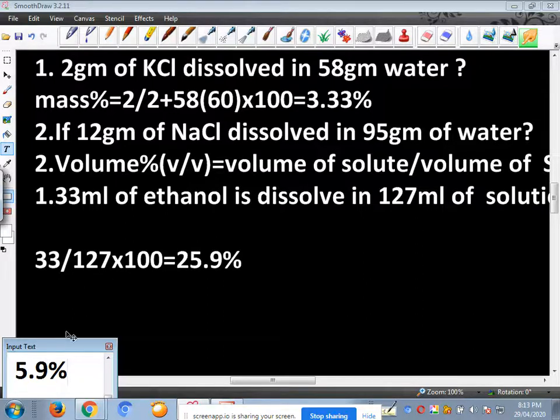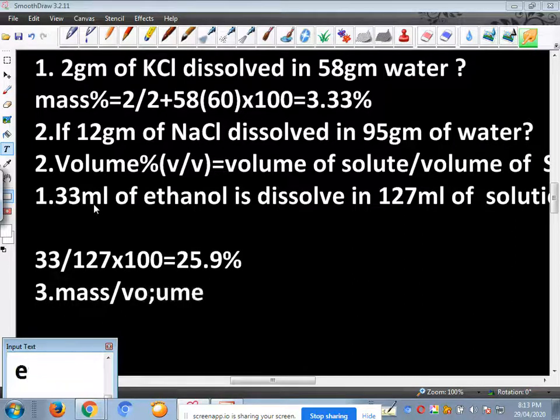Okay, then we go for the third type of concentration of solution. We have seen mass percentage and volume percentage. Now we will take mass and volume together, that is mass by volume percentage.